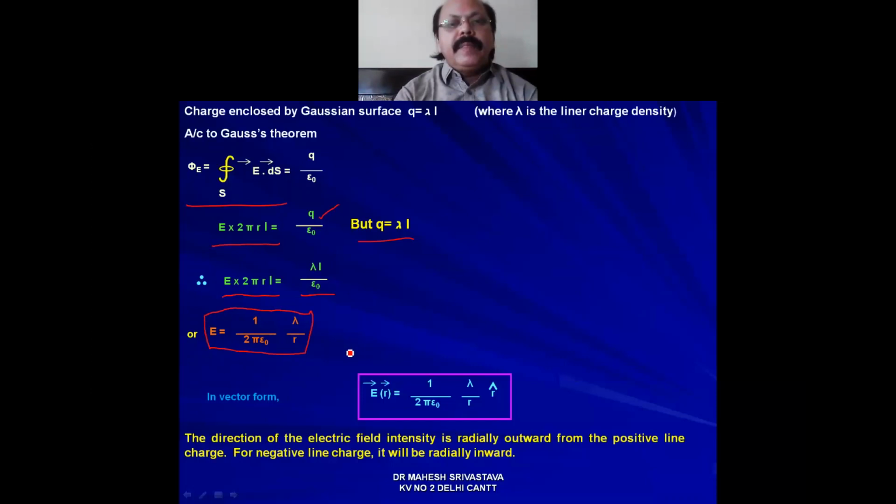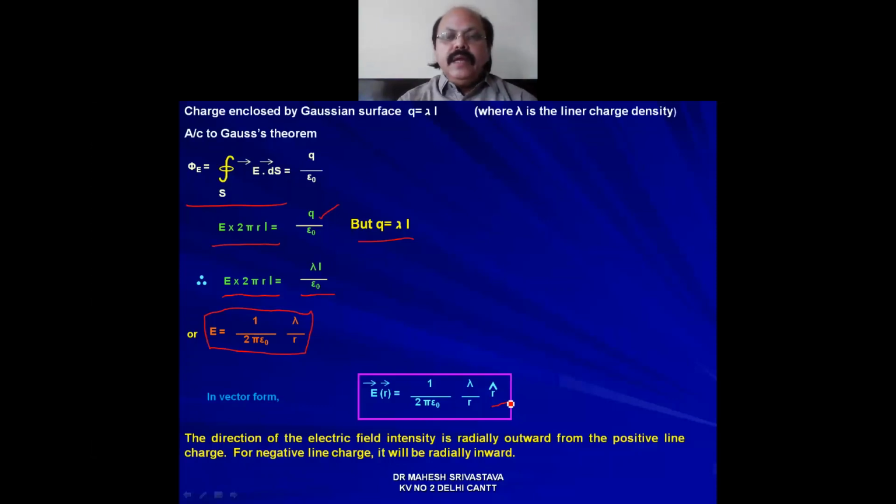It means E is inversely proportional to r. Lambda is constant, 1 is constant, 2 pi epsilon naught is constant. So E is inversely proportional to r. In vector form, if you want to write, then E vector, within bracket the position vector, equal to 1 upon 2 pi epsilon naught, lambda upon r, and r cap. r cap is the unit vector which gives the direction of electric field intensity.